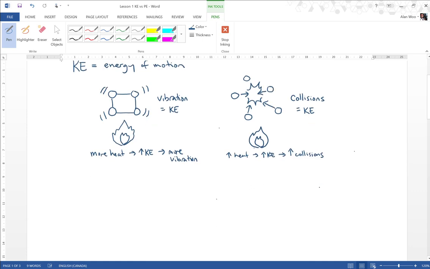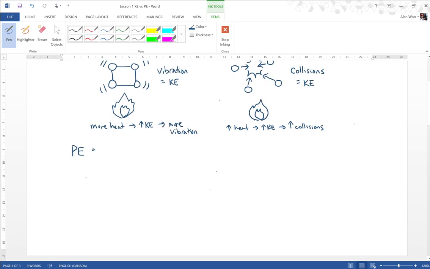Now, in contrast, potential energy is usually abbreviated as PE. Most people know that potential energy is stored energy.